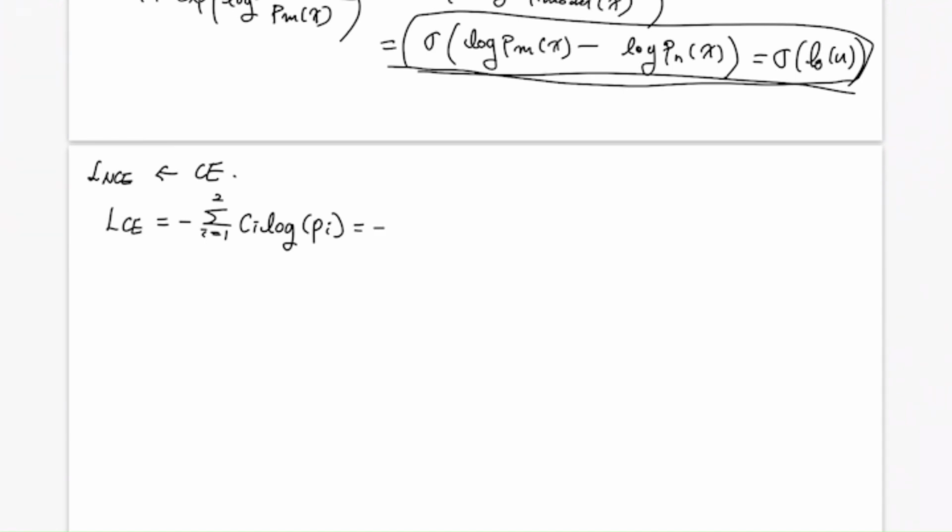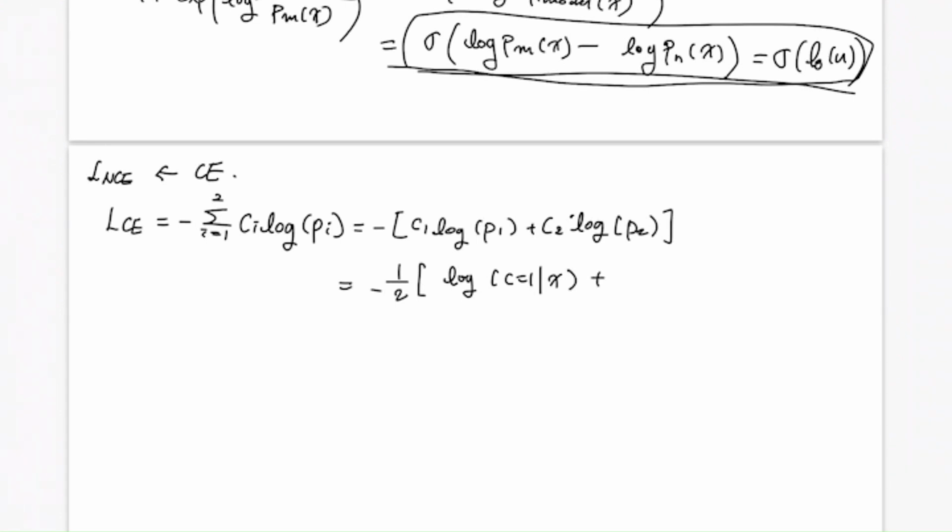Here we can write c1 log p1 plus c2 log p2. Since the probabilities of c1 and c2 are the same, which is 1 over 2, we can write it as minus 1 over 2 times log p(c=1 conditioned on x) plus log of 1 minus p(c=1 conditioned on x), since it is binary.